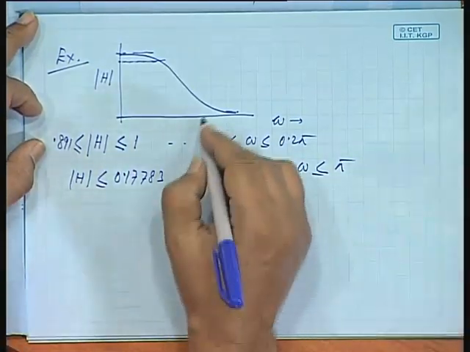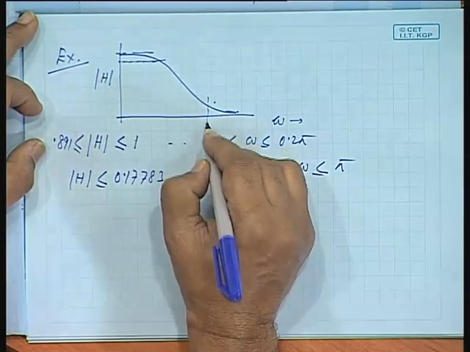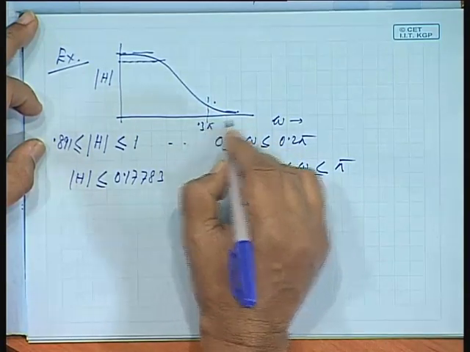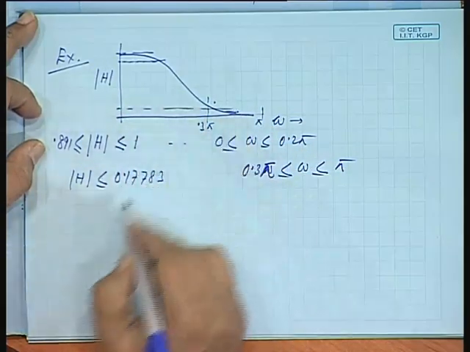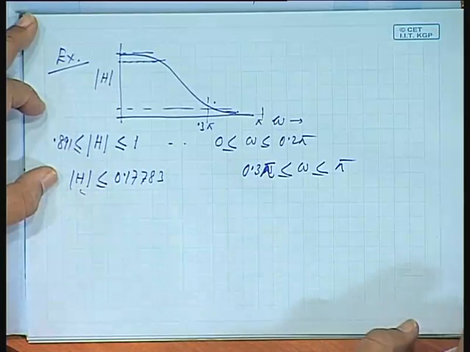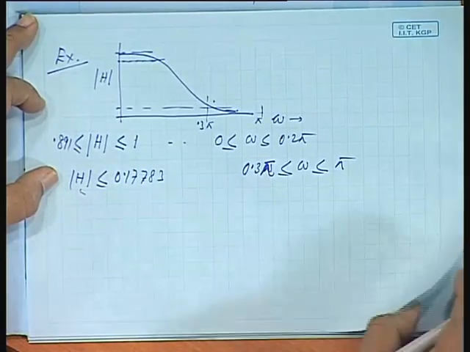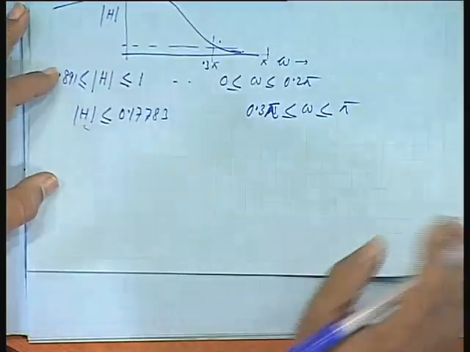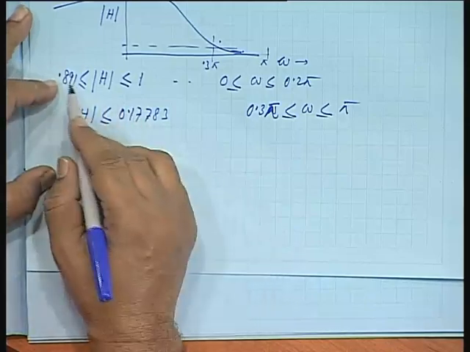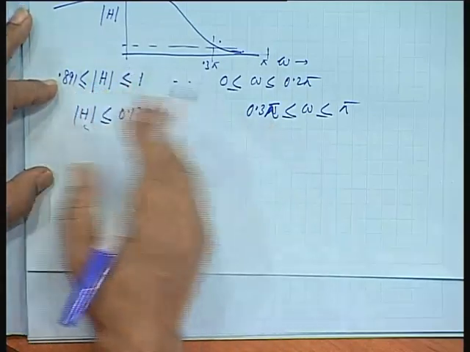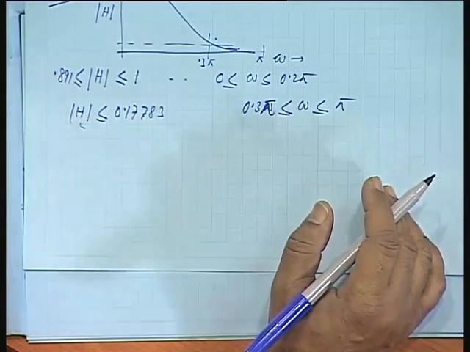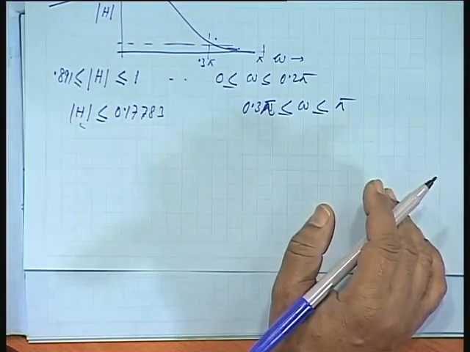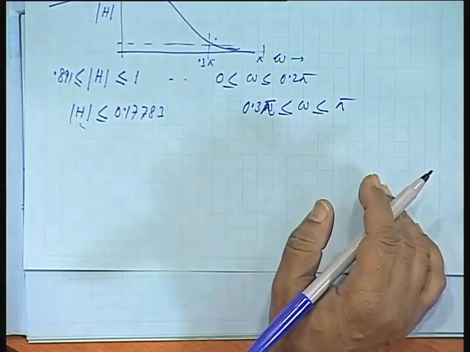Okay. That means from say 0.3 pi up to pi, it should be within this value, less than 0.177. The specifications can be given in terms of absolute magnitude of the gain, sometimes in the logarithmic gain. Okay. So, by impulse invariance method, we are going to design this filter first.